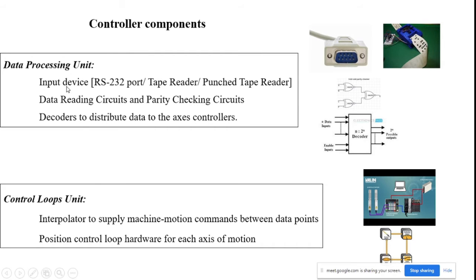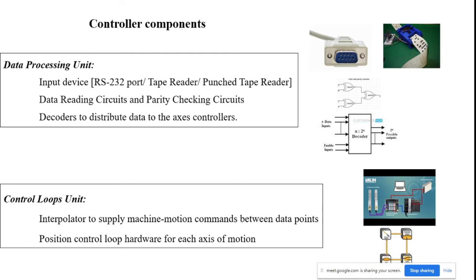So the data processing unit gathers the data from the input device and converts and prepares the data to actuate the machineries. After that, the control loop unit performs interpolation functions, which are machine motion commands between the points, and the position control loop hardware for each axis motion.